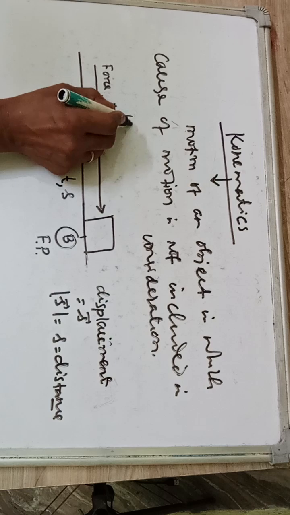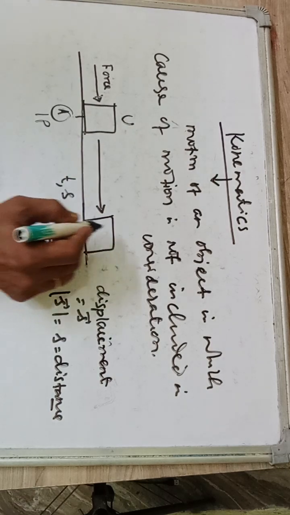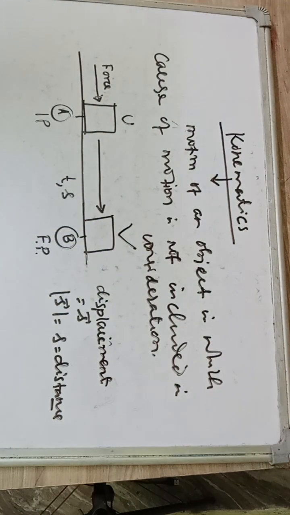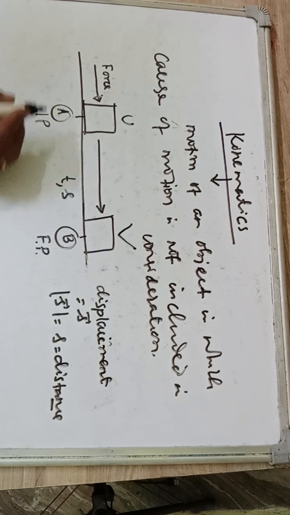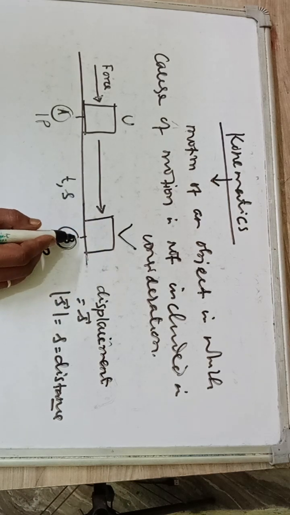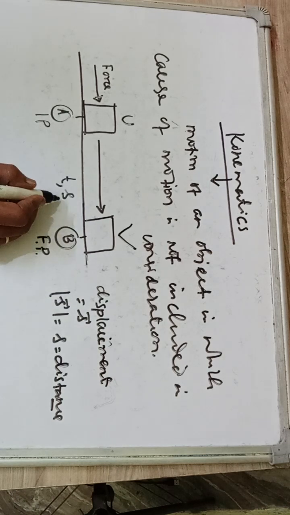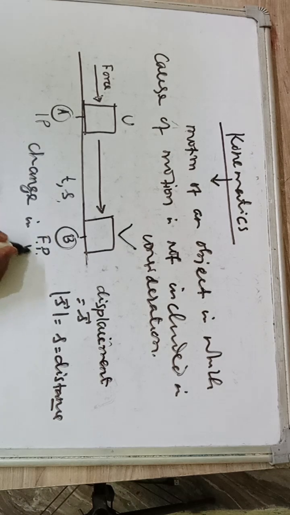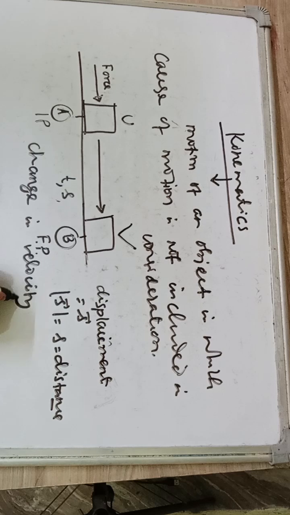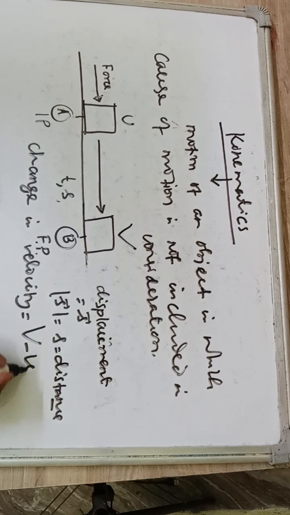Then suppose we have initial velocity u and final velocity v. Initial velocity is the velocity at its initial point A, and v is the final velocity, or velocity at position B. Now there is a change in velocity. The change in velocity is v minus u.